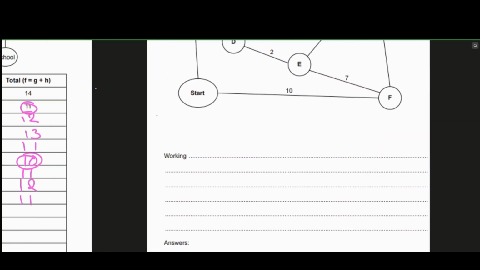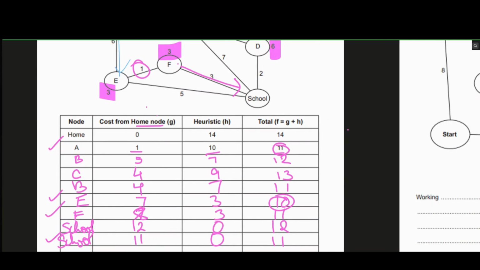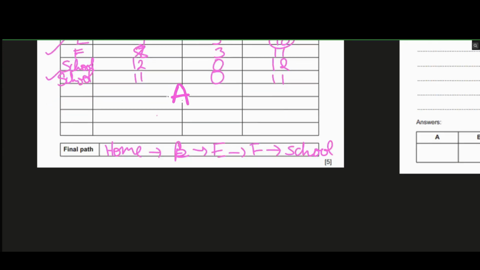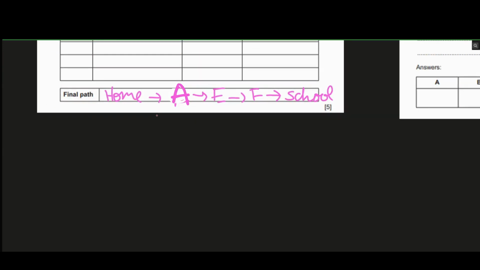This is the A-star algorithm. I will give you another question for A-star algorithm. You can do this yourself if you have understood the topic properly. It's pretty simple.